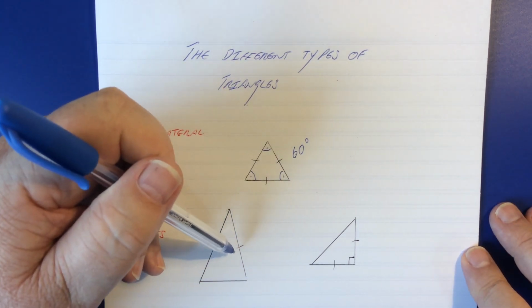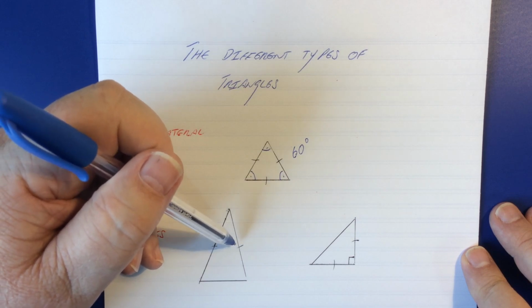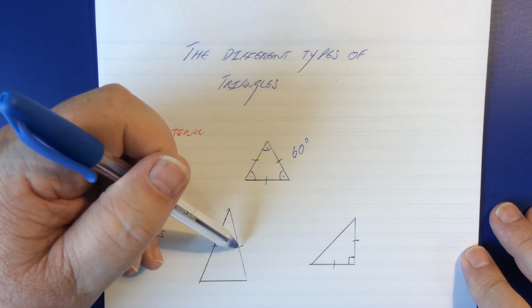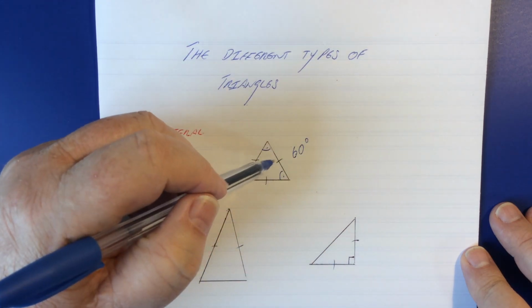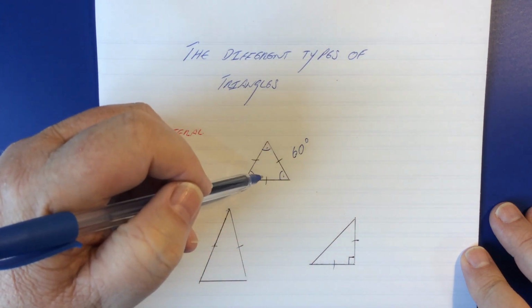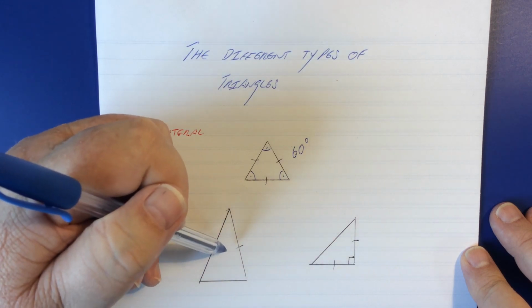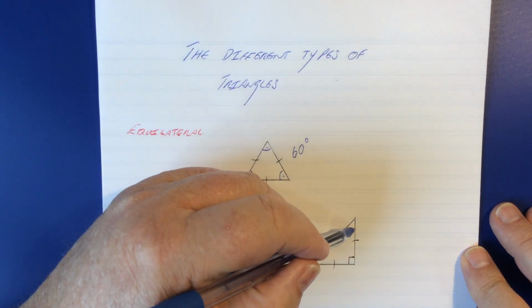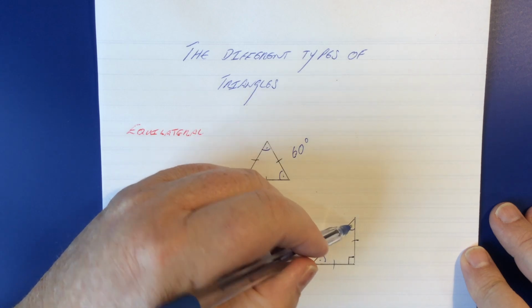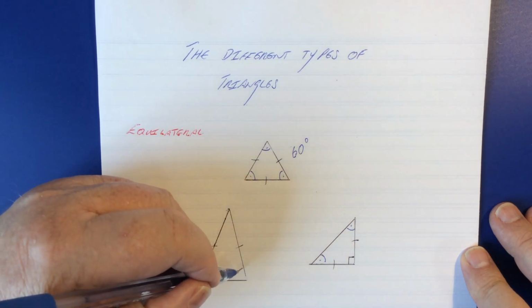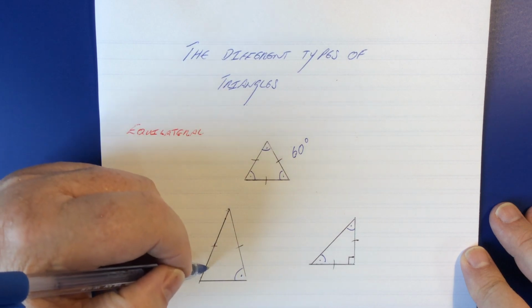The thing that distinguishes an isosceles triangle from anything else in the triangle world is that two of its sides are the same length. So we've gone from 3 sides being the same length up here to 2 sides being the same length. And because 2 of the sides are the same length, 2 of the angles are the same. Those angles in this case are down here.